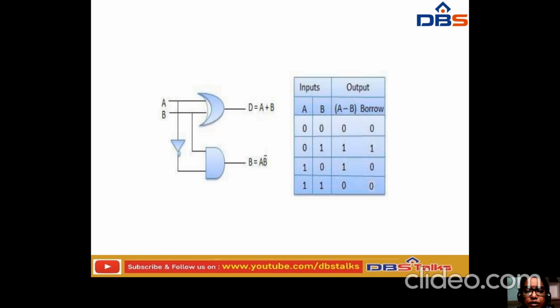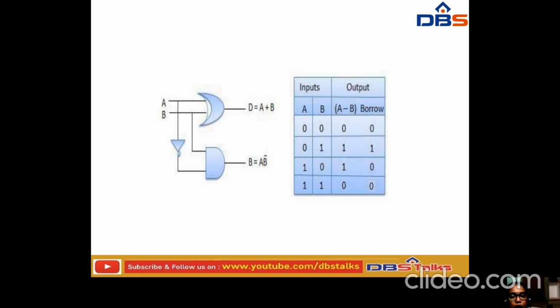If you observe this one, it has to show the difference. If A is 0 and B is 0, the difference between the two values A and B is 0.